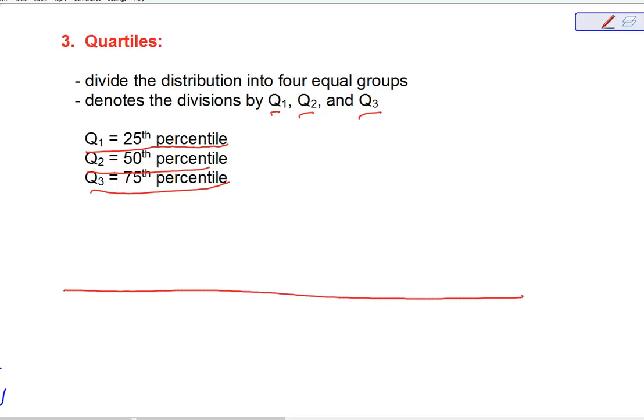And what it looks like is here I have my lowest value, and over here I'm going to have my highest value.